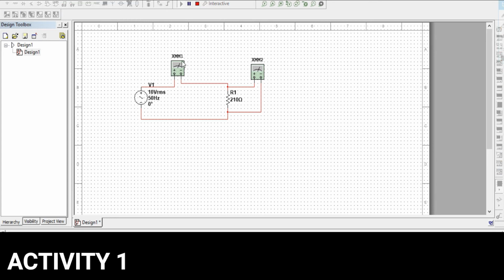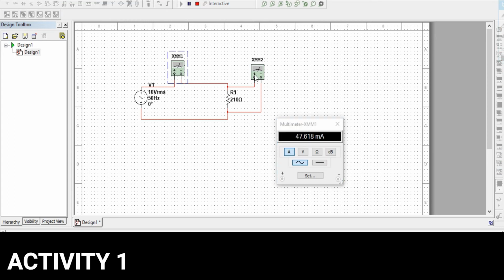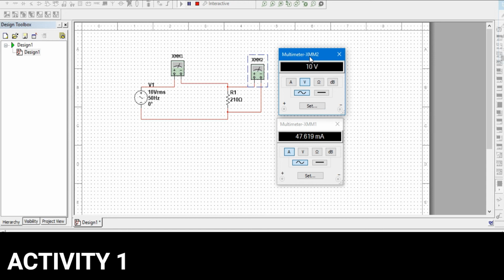And we run it and we get this value for voltmeter and also ammeter. And after that we replace the value of R1 with 390 ohm, 470 ohm, and 860 ohm.